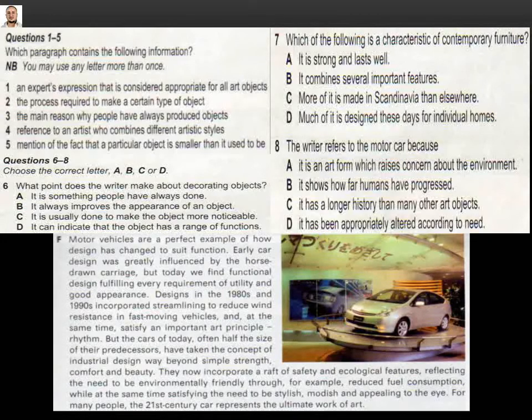of their predecessors, have taken the concept of industrial design way beyond simple strength, comfort and beauty.